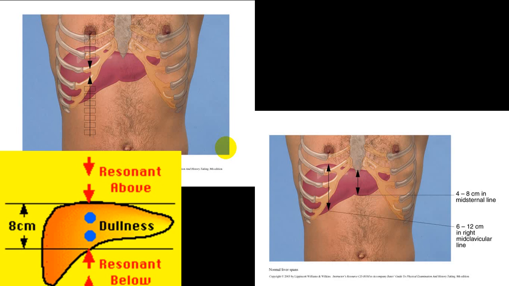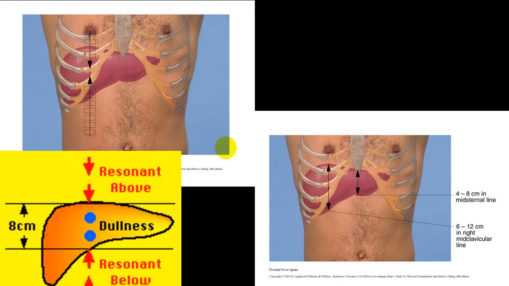So when you are doing a percussion, first do it during expiration, and when a person is taking a deep inspiration, the dome of the diaphragm will be pushed at least 1 or 2 spaces down, depending upon how deep he takes an inspiration.